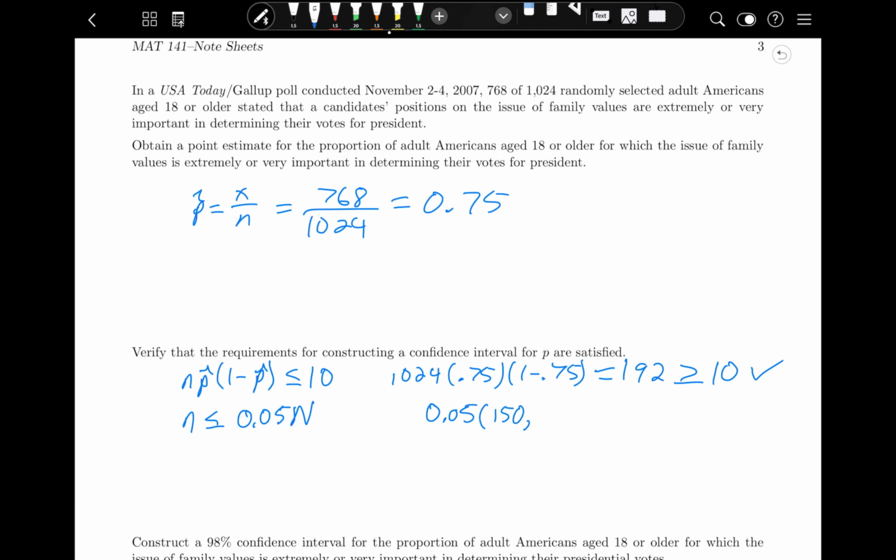So that's 150 million. Okay, so in this case, our sample was 1,024. So in this case, 0.05 times 150 million is 707. Did I add an extra zero?